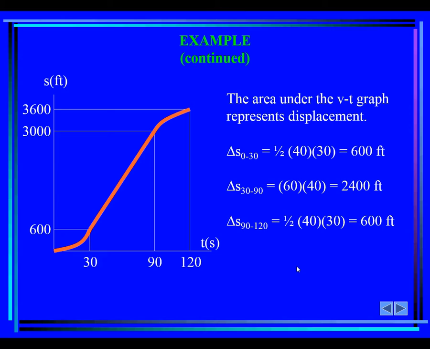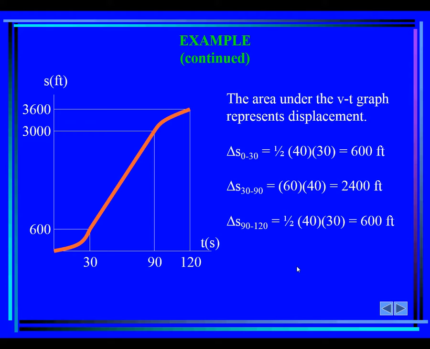So the area between 0 and 30 would be 1/2 of 40 times 30, which is 600 feet. Alright. And the area between 30 and 90, that's uniformly accelerated motion, 2400 feet.